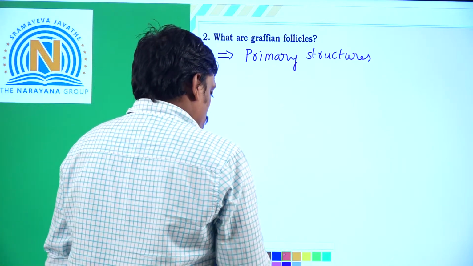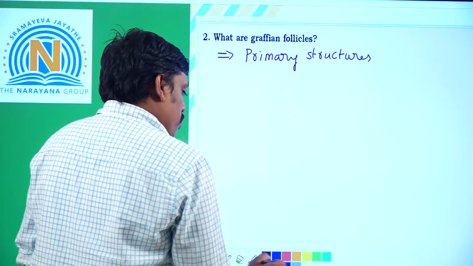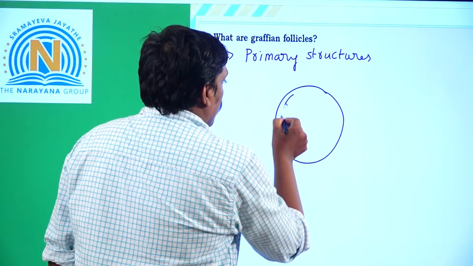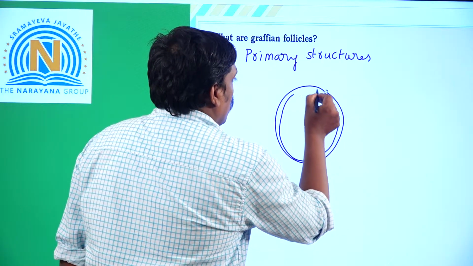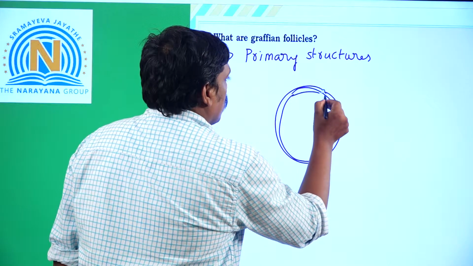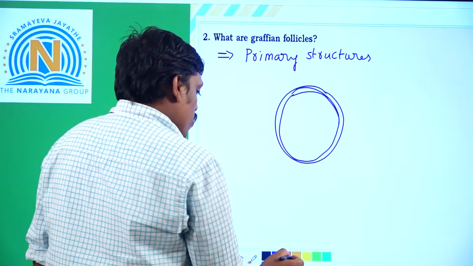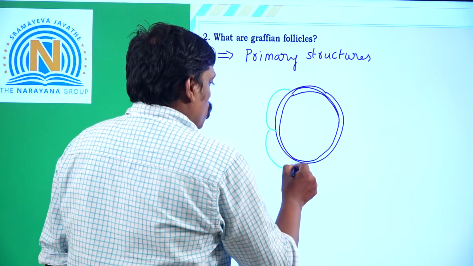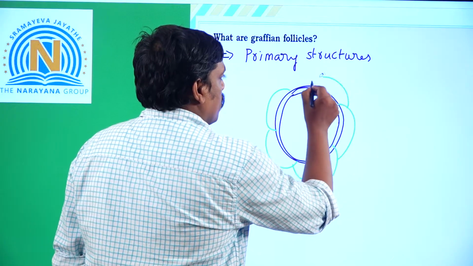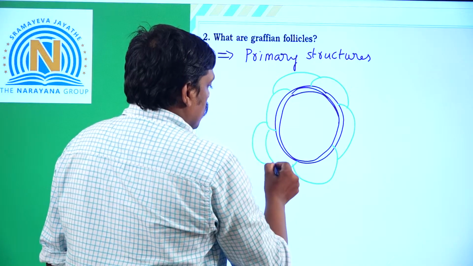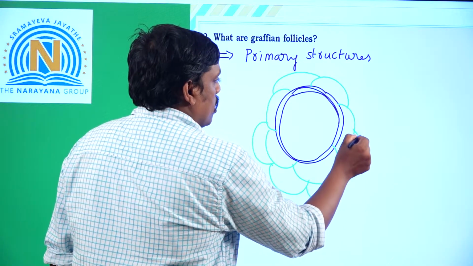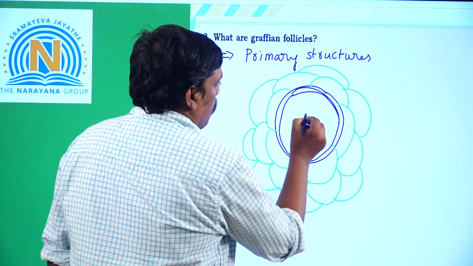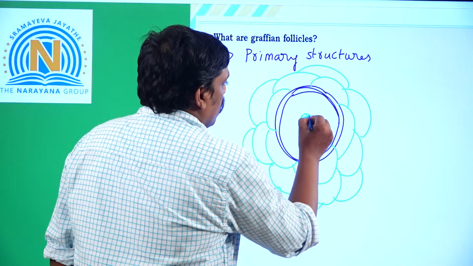Let us see the structure of the graafian follicle. How does it look? The graafian follicle is a vast structure that contains numerous layers around itself, as shown in the figure. There is a nucleus at the middle of the cell.